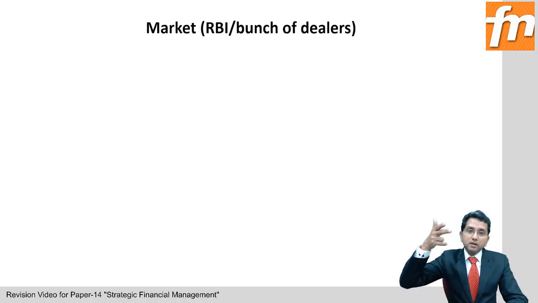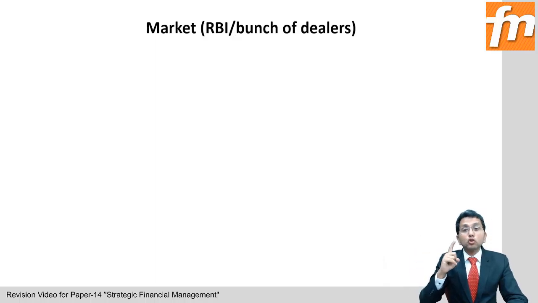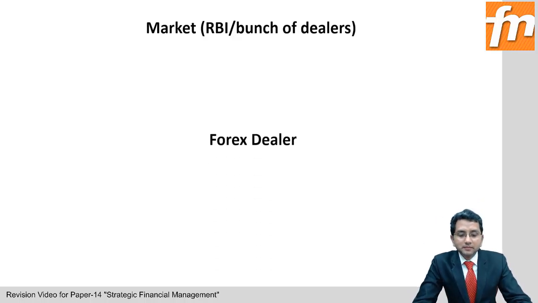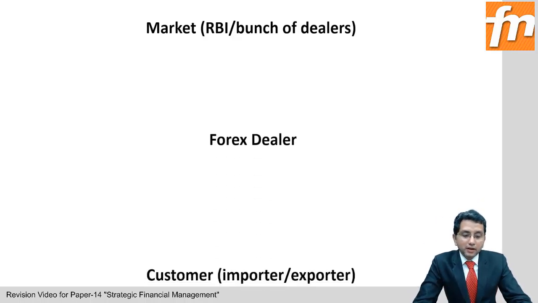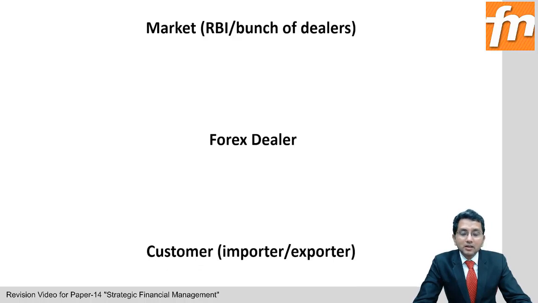A customer cannot directly approach the market because only those who have an authorized dealer license can approach the market. The customer, that is the importer or exporter, cannot directly reach the market. There is a middleman named the dealer, or simply the bank.